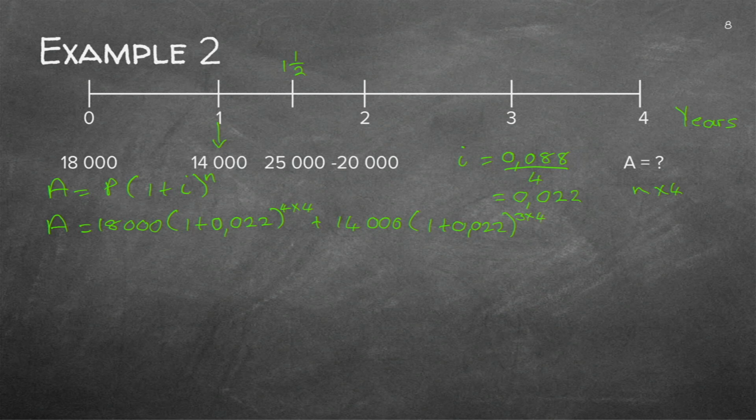You're still with me? Then again, I must add 25,000, 1 plus 0.022. Now be very careful here. It's now 1.5 years after you started. So how far is it from the end? The end is 4 years. So do you agree with me? It's 2.5 years.